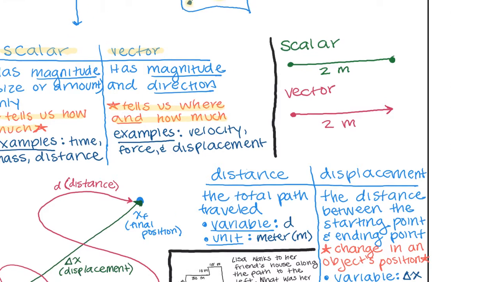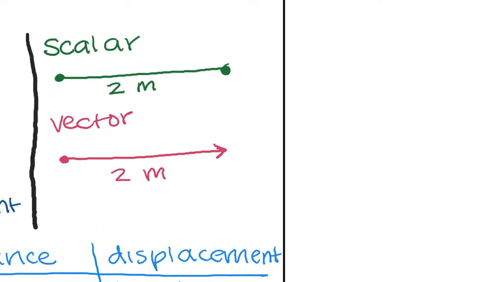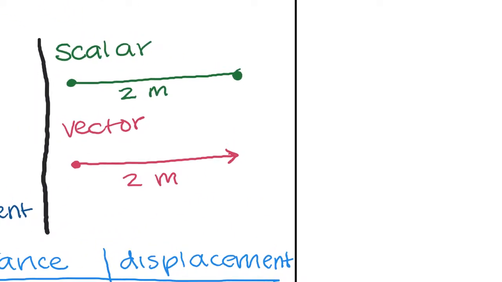If you are thinking about drawing vectors and scalars on a line, on an XY coordinate diagram, a scalar would simply be a line. We know this line is 2 meters long in this scalar example right here, and I will highlight that. The contrast between a scalar and a vector is that the vector gives us a direction.